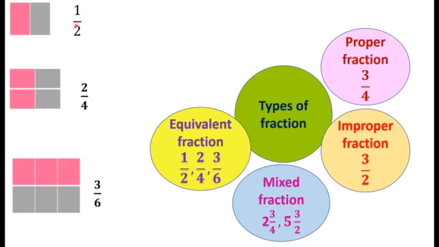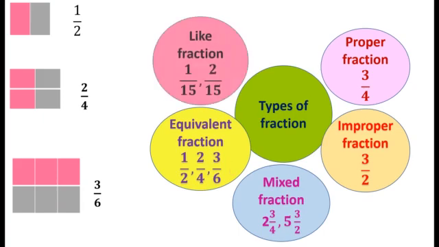So all these fractions are equivalent fractions because all are showing the equal part of the whole. Here 1 by 2 is half of the whole, here 2 by 4 is half of the whole, and again half of the whole is 3 by 6. So these are all your equivalent fractions that I showed here.